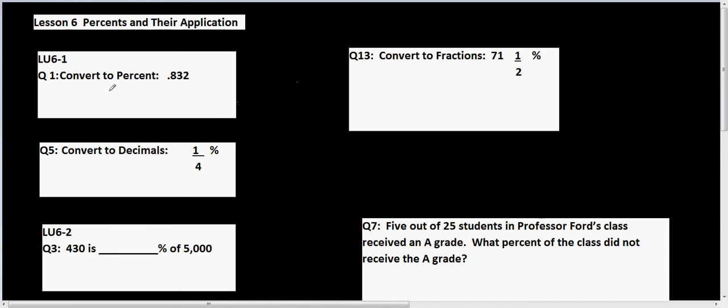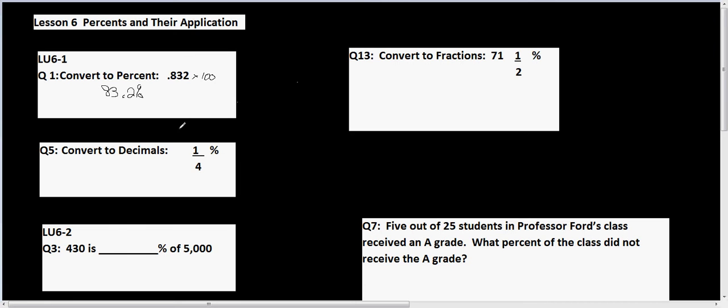So what you end up with is 83.2%. What you're effectively doing here is multiplying 0.832 times 100.